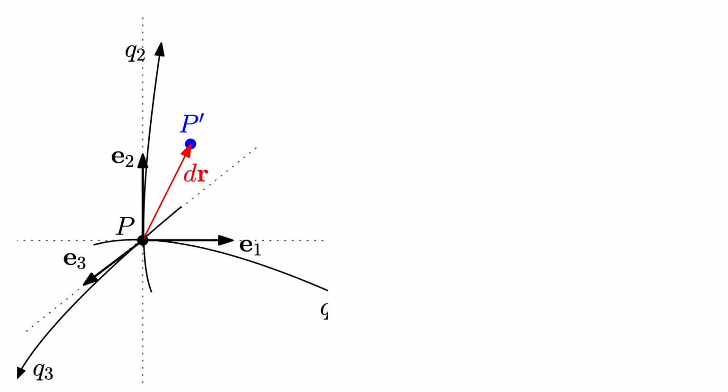We'll now look at the corresponding picture in a 3-dimensional orthogonal curvilinear coordinate system q1, q2, q3. Again, we have 2 neighbouring points, P and P', with the infinitesimal vector dr going between them. We've shown the curved coordinate axes emanating from point P, the unit basis vectors at P, and also some dashed straight lines along these basis vectors to help our visualization.